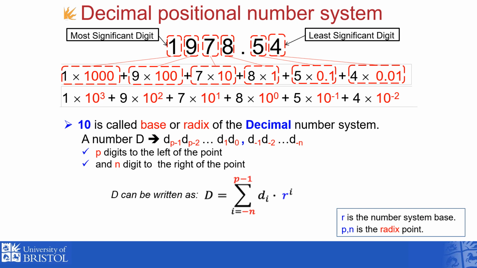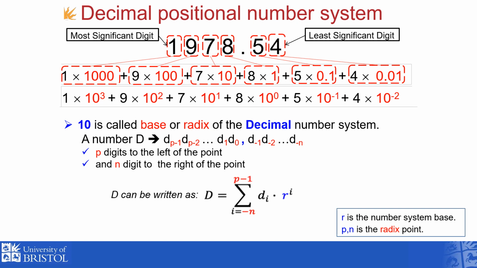Now let's see what happens to the right of the point. On the right side, on the fractional part, we multiply 5 by 0.1. Why is this? Well, if you start going through the negative indexes over here, 5 is at position -1, so it's multiplied by 10 to the power of -1.